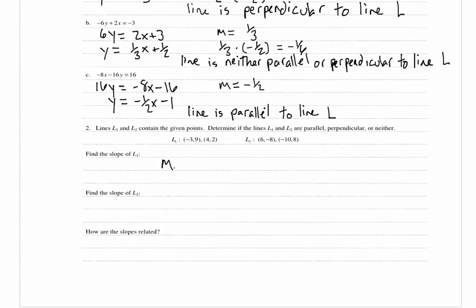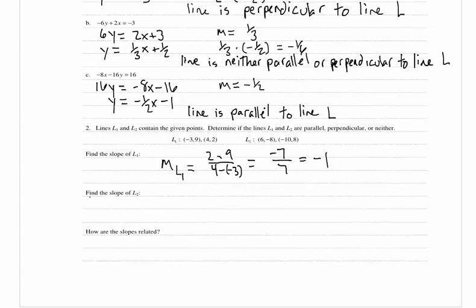So we have m of L1 is equal to y2, which is 2, minus y1, which is 9, divided by x2, which is 4, minus x1, which is -3. So we have 2 minus 9 is -7, divided by 4 minus a -3 is +7. -7 divided by 7 is equal to -1.